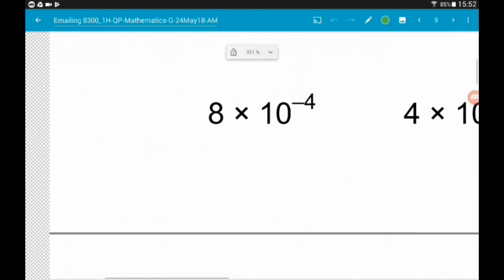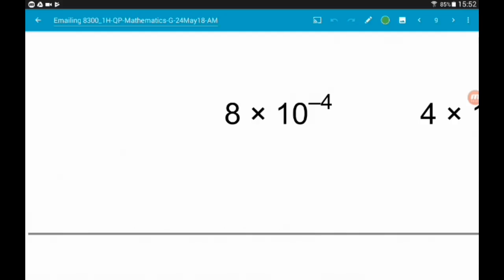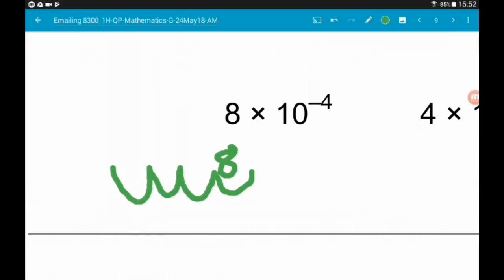So 8 times 10 to the minus 4 is 8, and then the decimal has gone to the left by 4 places. So it's 0.0008.